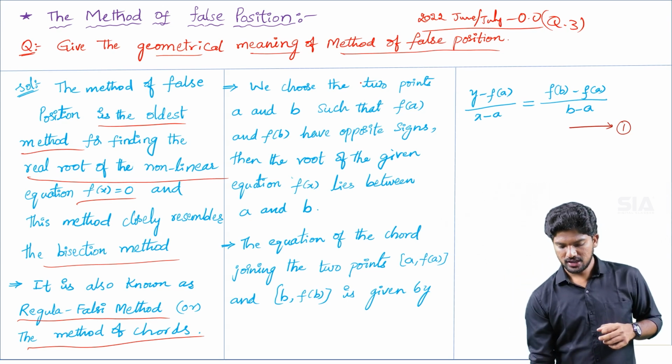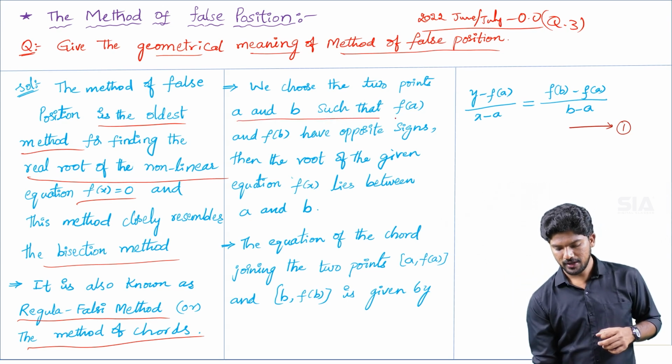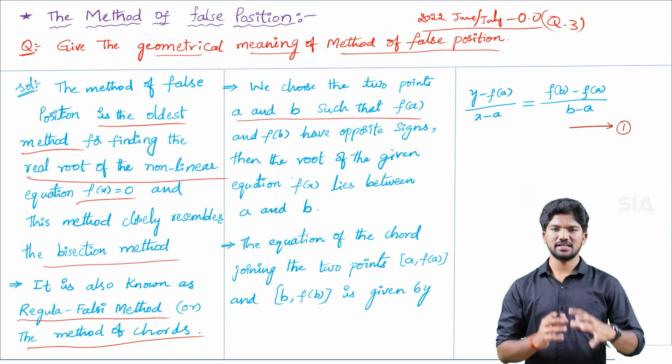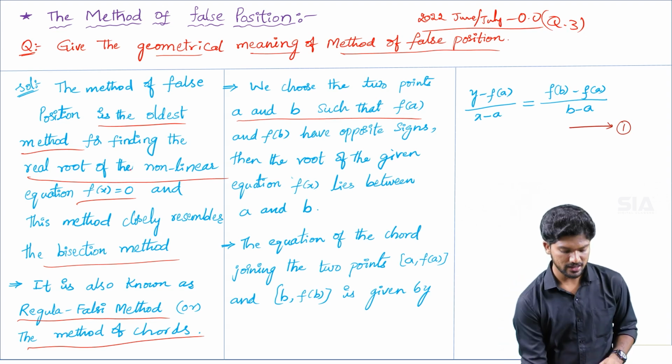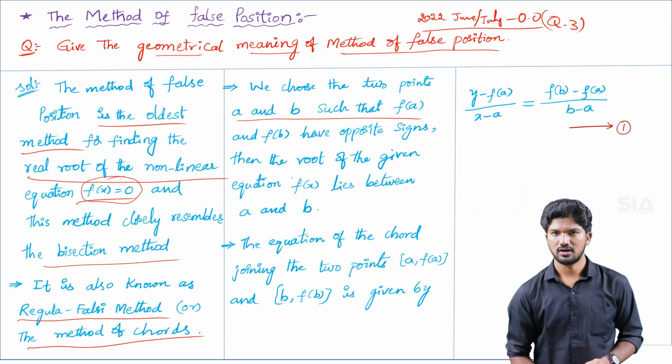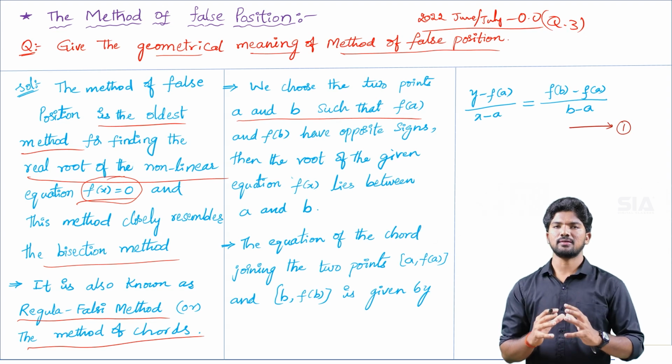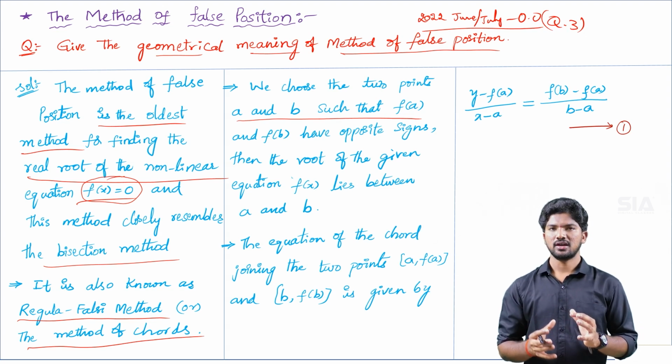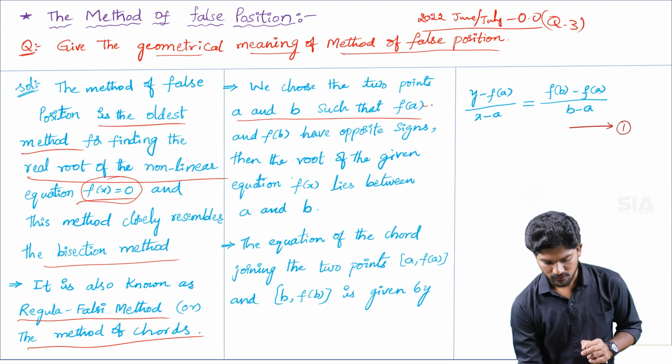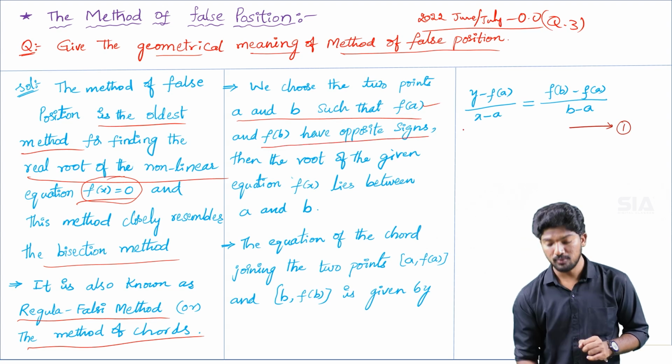In this method also, for the given equation f of x is equal to 0, first of all we randomly choose 2 points A and B such that f of A and f of B have opposite signs.